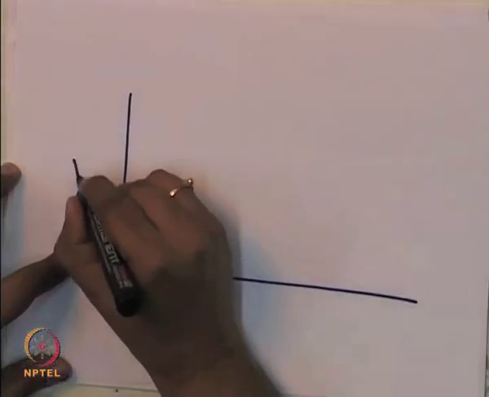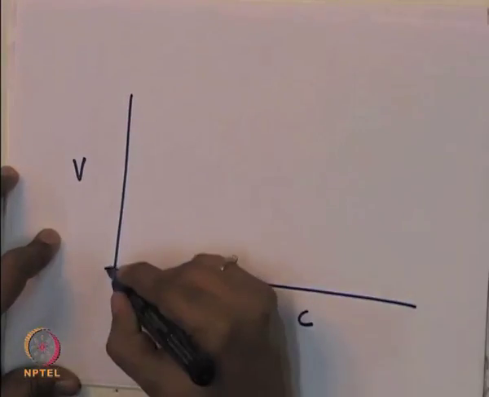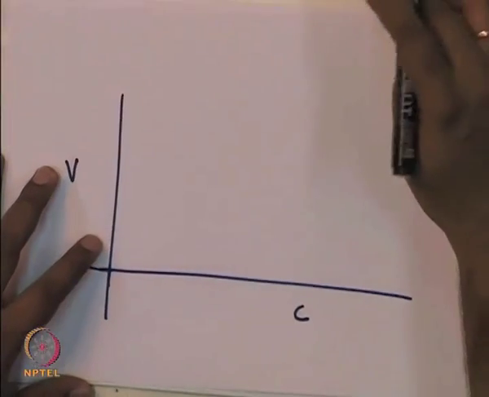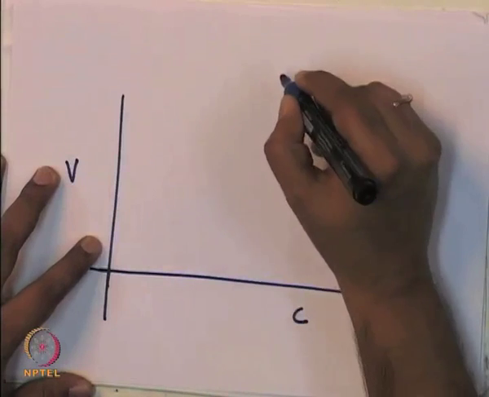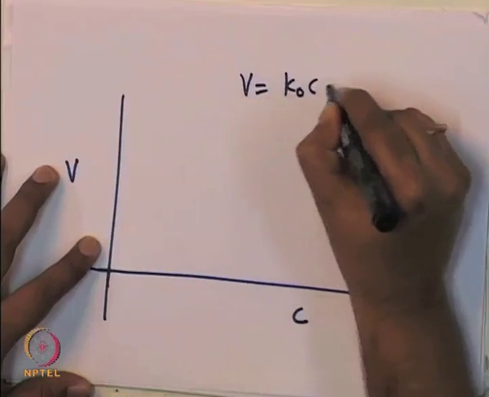So, let us say we had this example velocity versus concentration, for actin monomer, if you do polymerization of actin, V is K0 C minus Kd.